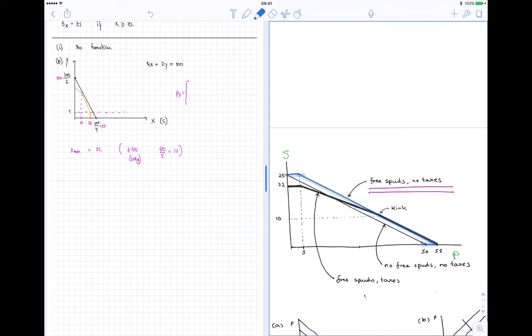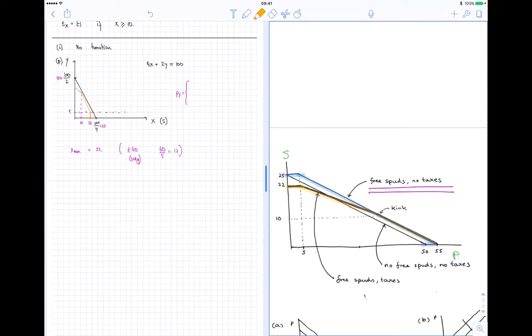And then we have the second bit, right? And we can see that the kink, right here, is the other way around. This is the one that's happening with the taxation, and then same slope as the one before.